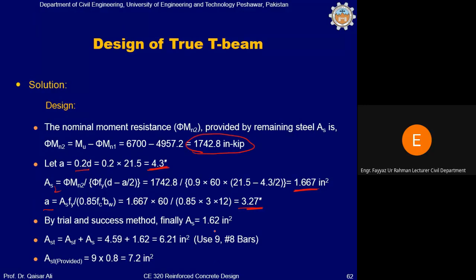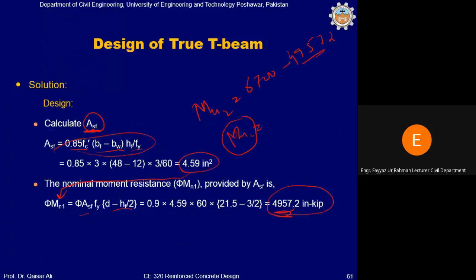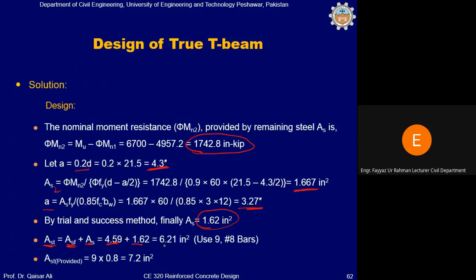Finally, from trial and error, you will get the reinforcement equal to 1.62. So the total reinforcement will be equal to Asf or As1 plus As2. Asf, we calculated on the previous slide, it is 4.59. As2 is 1.62, so it is coming 6.21 inch square.